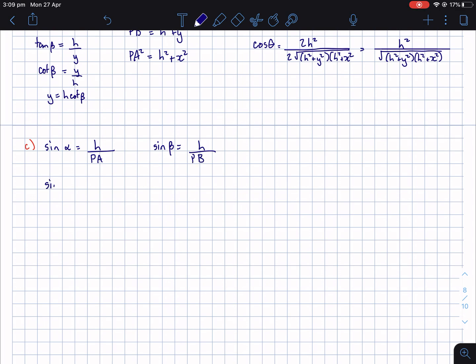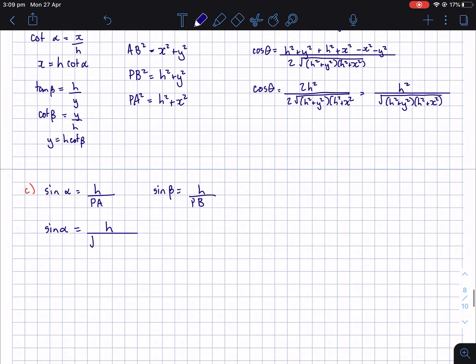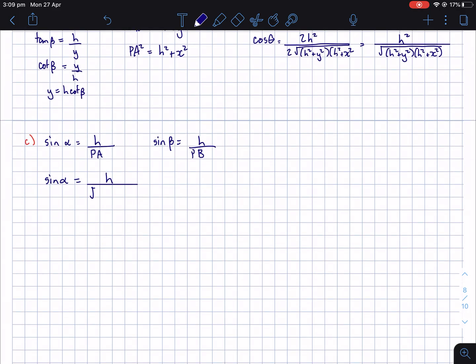So we've got sine alpha equals h on, now PA was the square root of h squared plus x squared. So that means sine beta, similarly, h over the square root of h squared plus y squared.